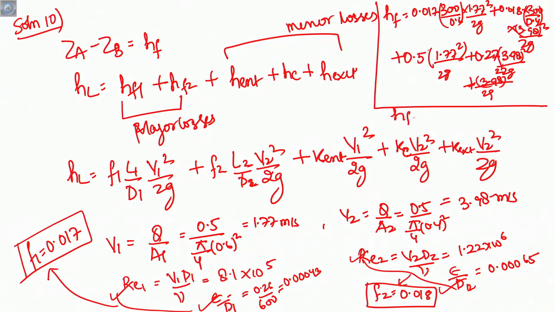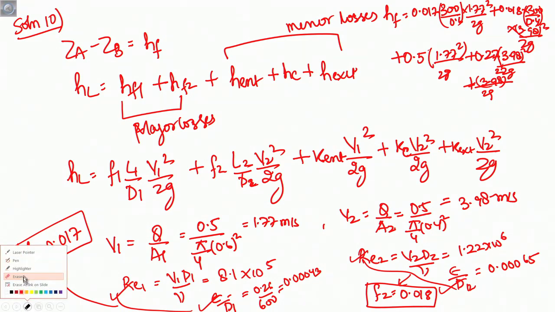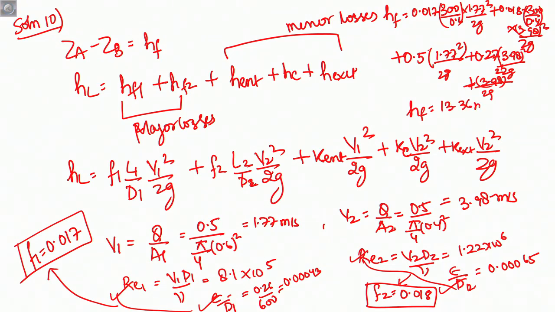If you calculate, in the end the total loss is going to be 13.36 meter. Okay. So, the final solution: the head loss is going to be 13.36 meter, and therefore ZA minus ZB is going to be 80 minus 13.36.